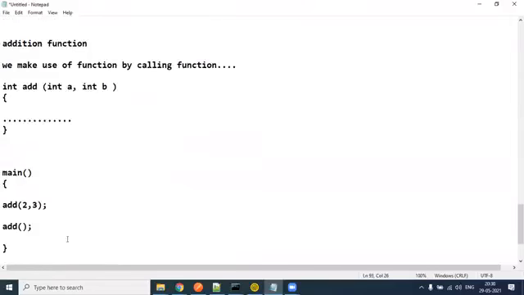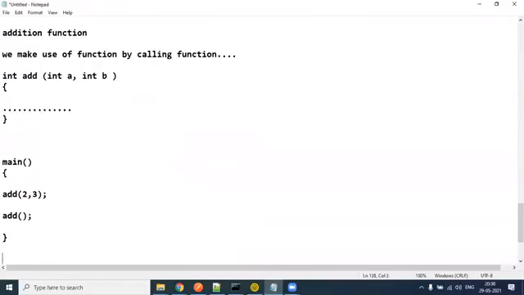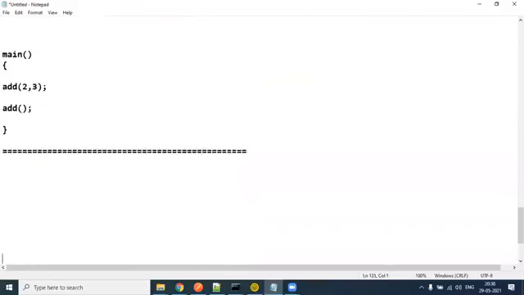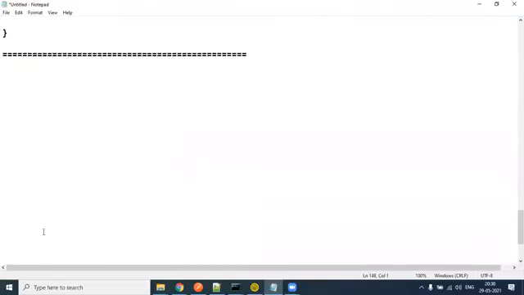Yes. Now let me ask you this: if you want to use somebody's function, what all details do you need to know from that individual? We should know the signature and parameters. What parameters do we need to pass and what is the return type?